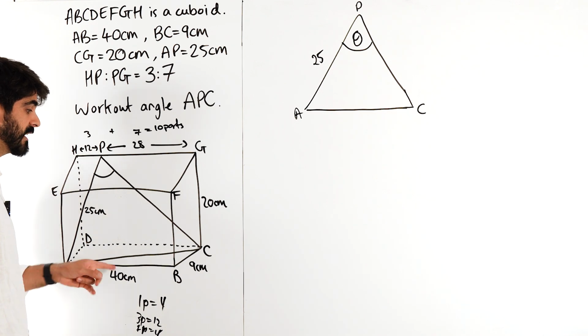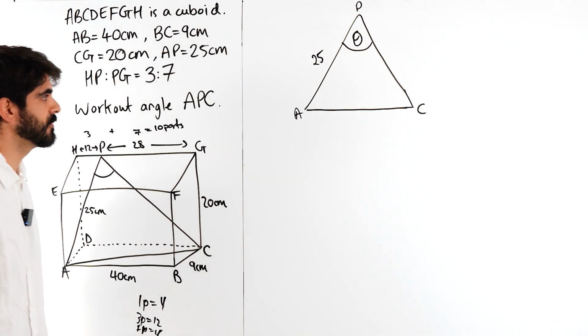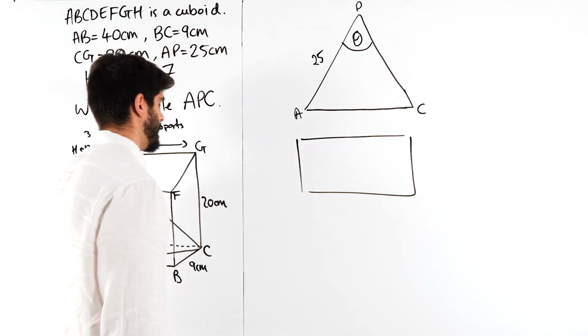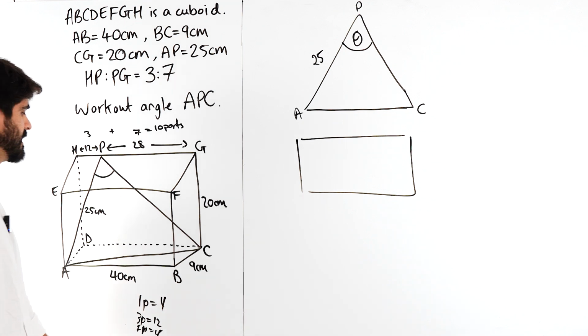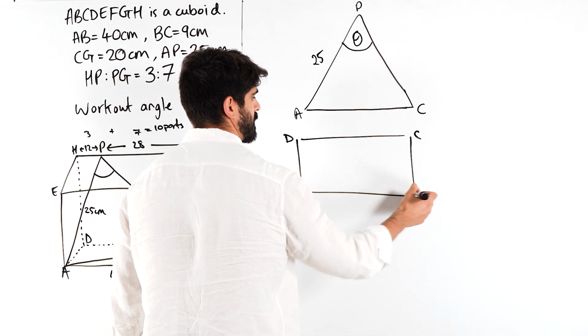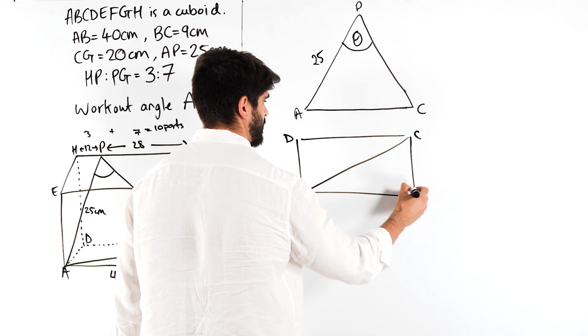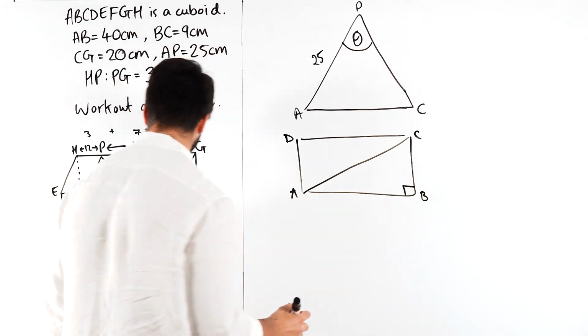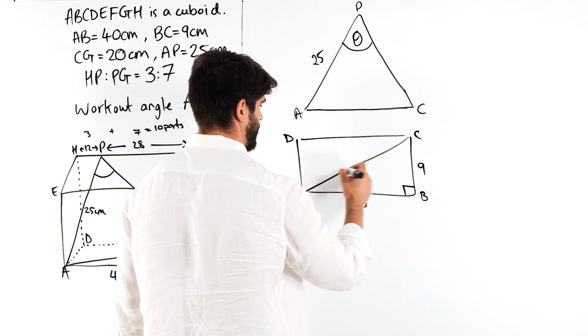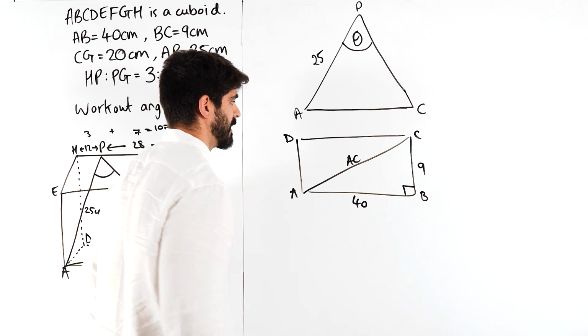we have a rectangle on the base. So if we redraw that rectangle, it looks something like this. Yeah, that base rectangle, ADCB. And we're trying to work out AC. So you can see here we have a right angled triangle, 40 and 9. And we can easily work out AC by doing what?